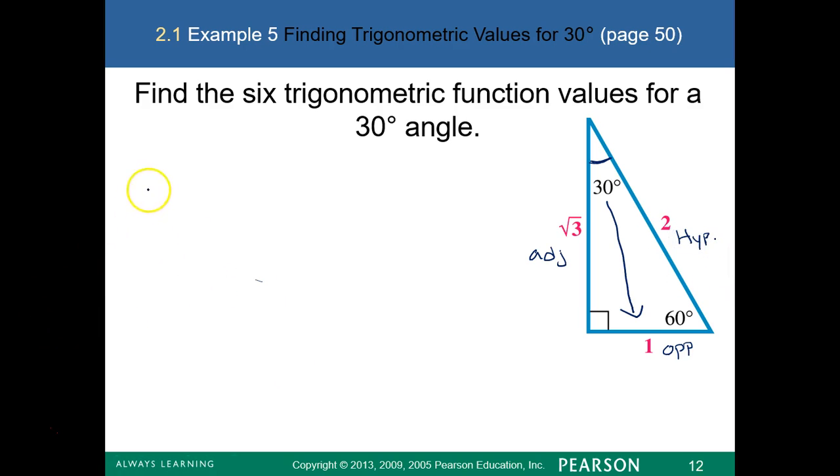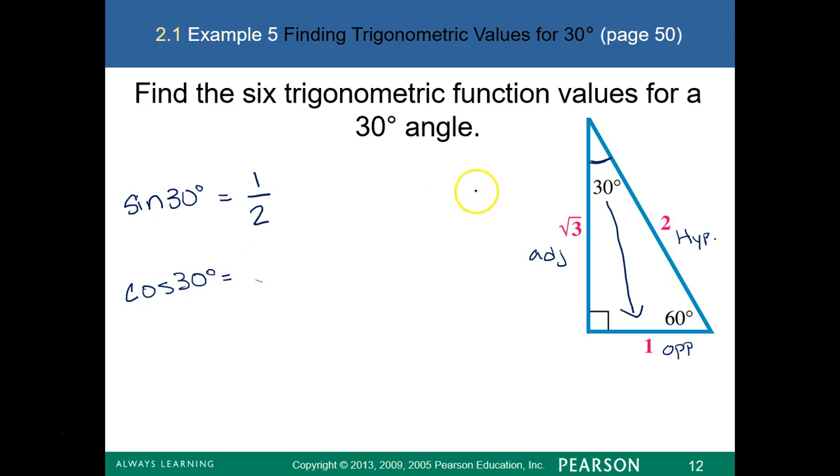All right, so sine of 30 degrees is equal to, and that's your opposite over hypotenuse, so 1 over 2. Next is cosine of 30 degrees.